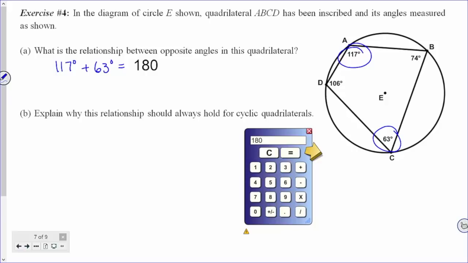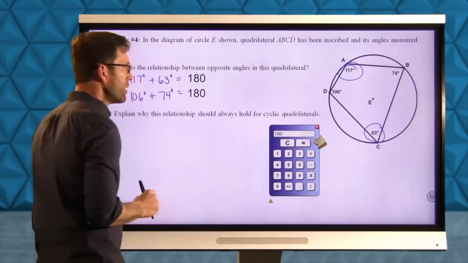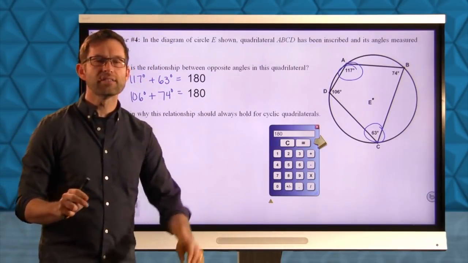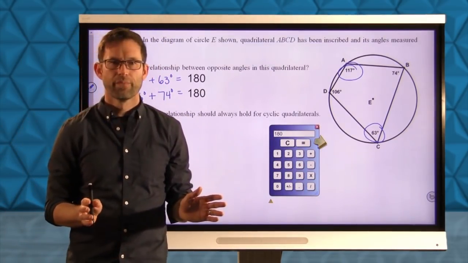Let's do the other one. 106 plus 74. Huh, 180. Also 180.